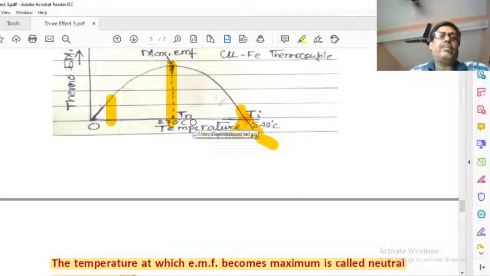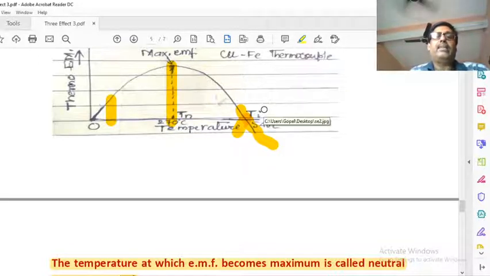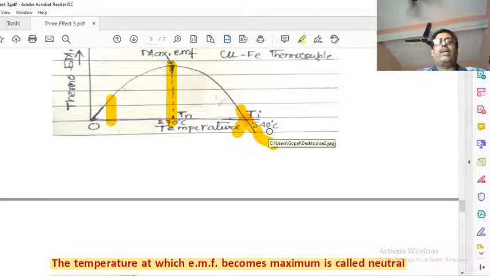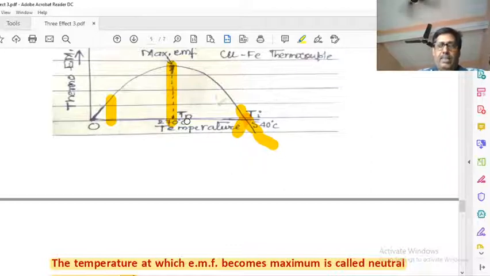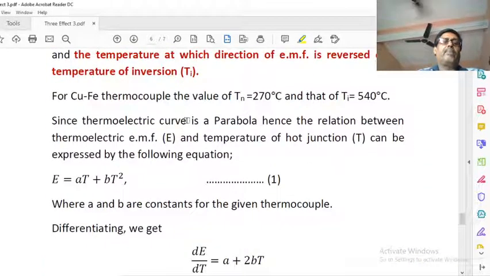In the CuFe thermocouple, from experiment, the neutral temperature is 270 degrees C and the temperature of inversion is 540, just double. Ti is double of Tn. We can see here for the CuFe thermocouple Tn is this much and Ti is this much.